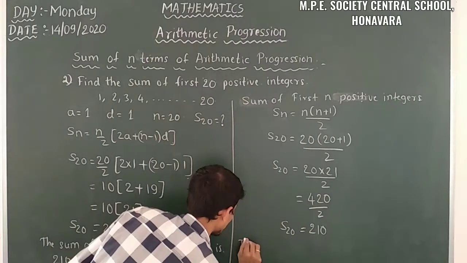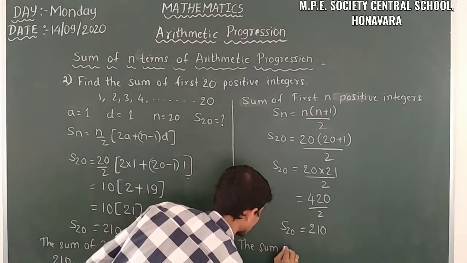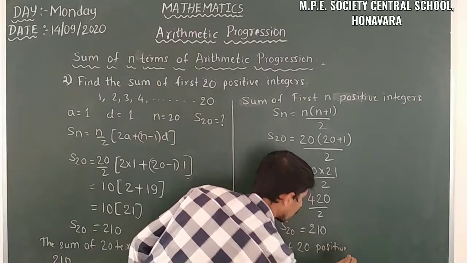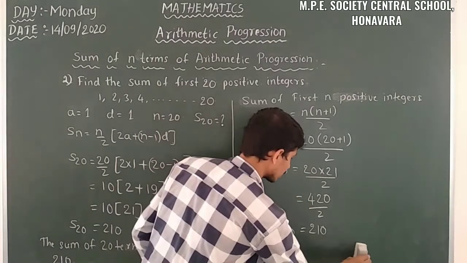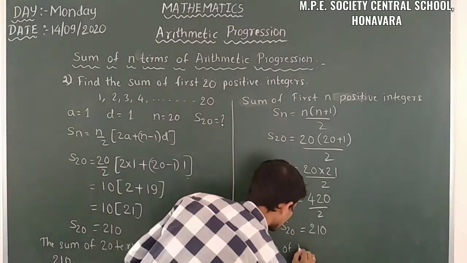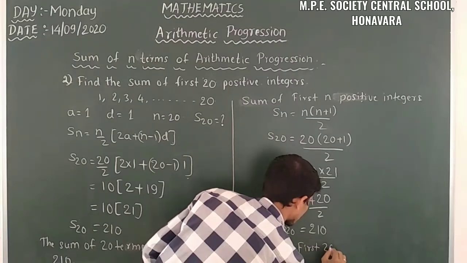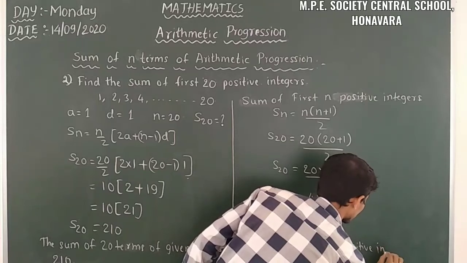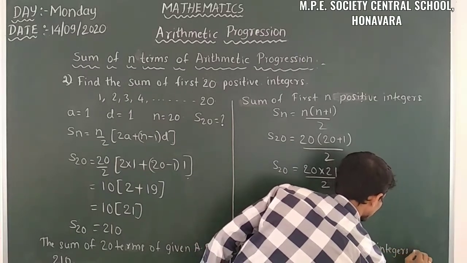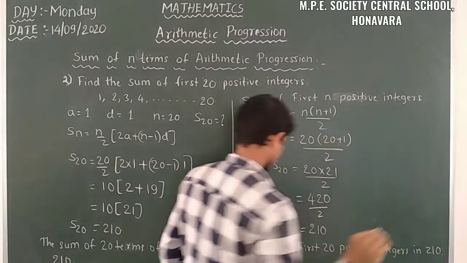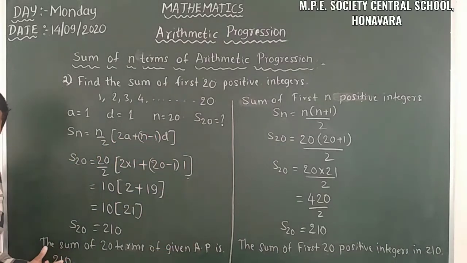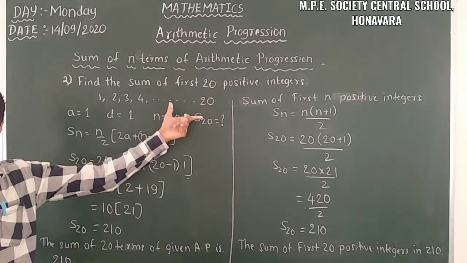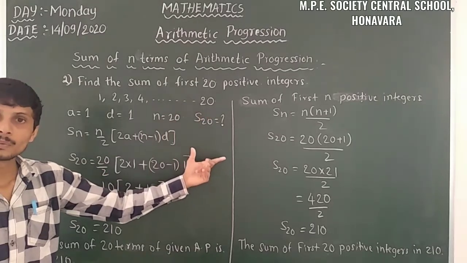So here we have to mention clearly about the first 20 positive integers. The sum of the first 20 positive integers is 210. Here the arithmetic progression is given. Why do we need it?